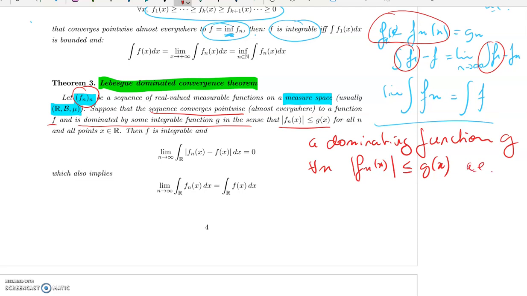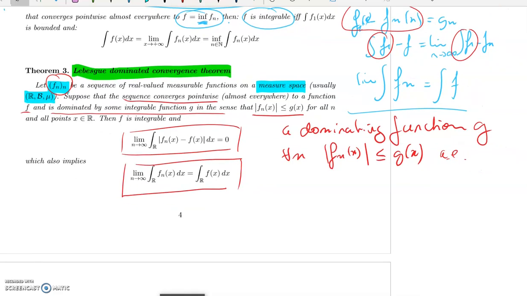Then the conclusion is that our function f of x is going to be integrable, and in other words, the limit of that is going to be 0, which also implies the kind of conclusion we had earlier. That's really the conclusion of the theorem that you have to remember. Again, we will be able to exchange limit and integration.